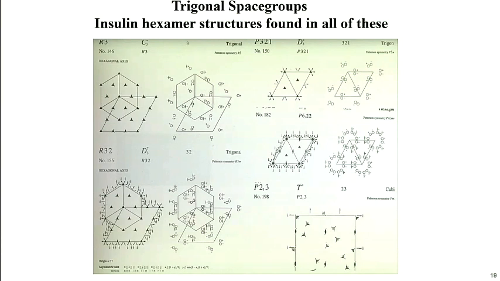It existed in P321, which has one 3-fold axis in the middle, and then another molecule sitting out in space somewhere, but with symmetry generated by the operators. In the cubic insulin, which is the one that everybody uses as their test data, the bottom one, the 3-fold axis runs diagonally across the unit cell.